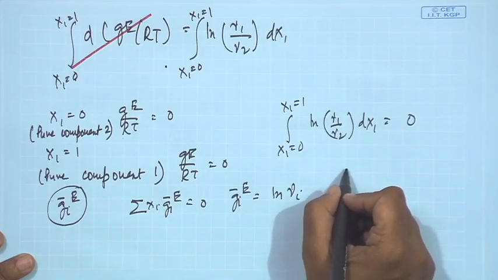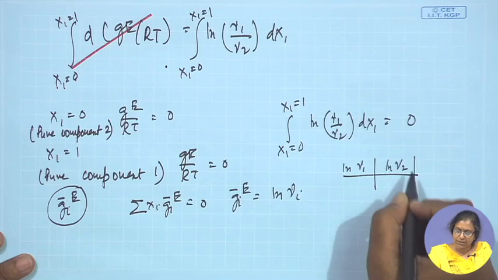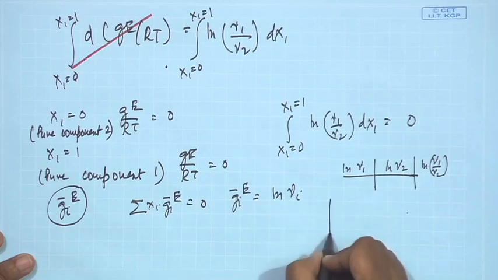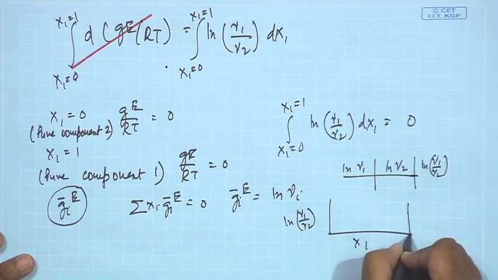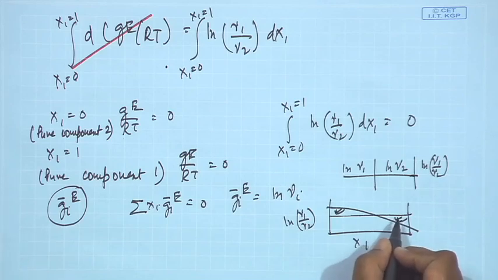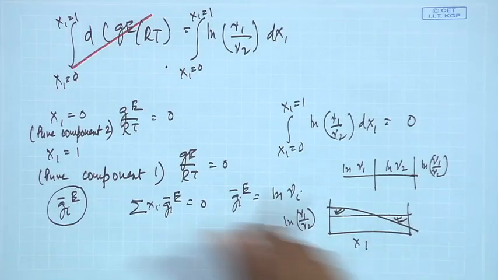This can be found out if we have gamma 1 and gamma 2 values. Then we can find ln gamma 1 and ln gamma 2 for each case, then ln gamma 1 by gamma 2 for each case, and then plot ln gamma 1 by gamma 2 as a function of x1, and we more or less get something of this sort. We find out the area above and the area below, and then we find whether the areas are equal or not. Accordingly, we can conclude whether the data that we have is thermodynamically consistent or not.